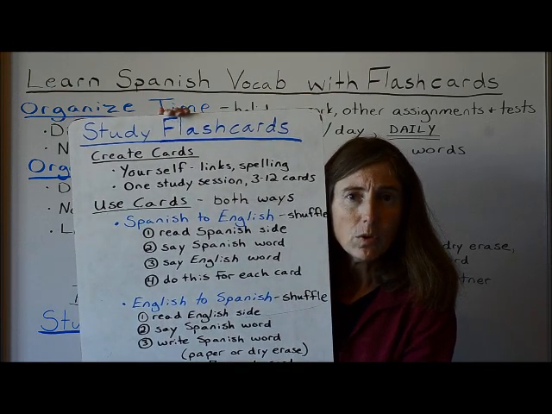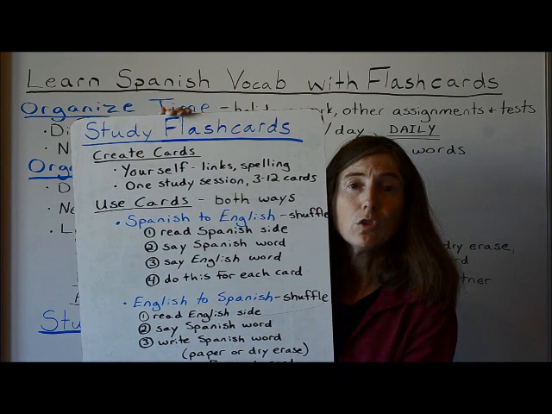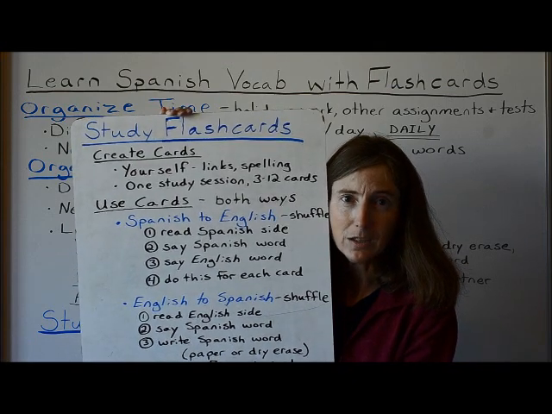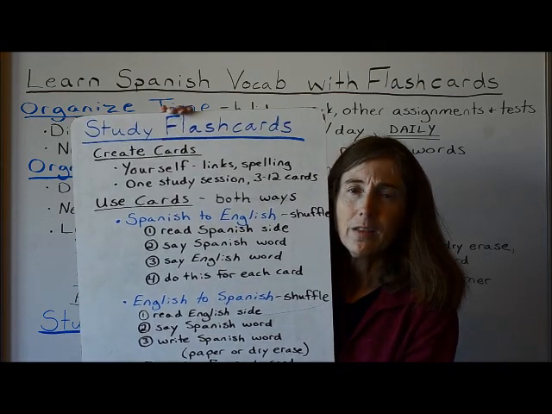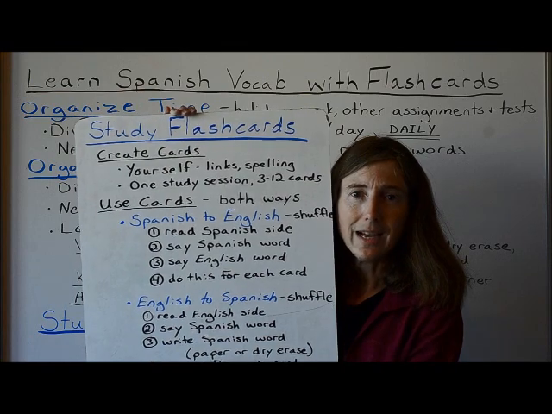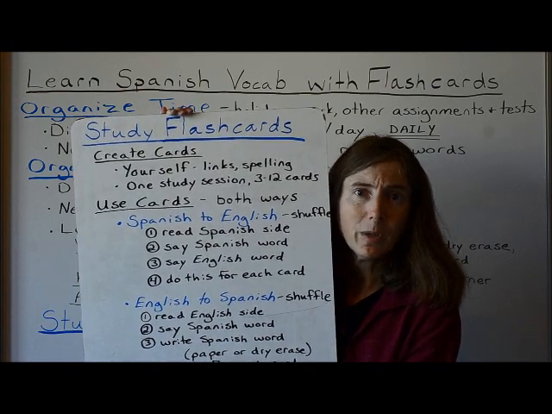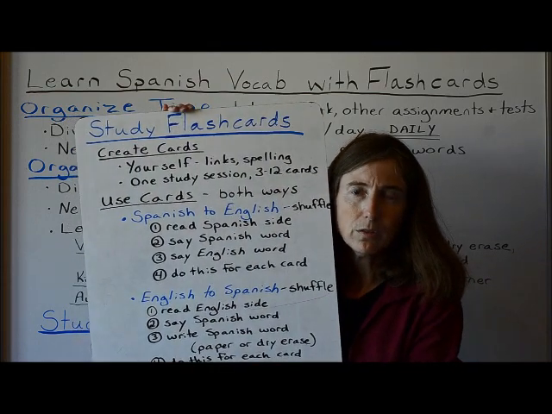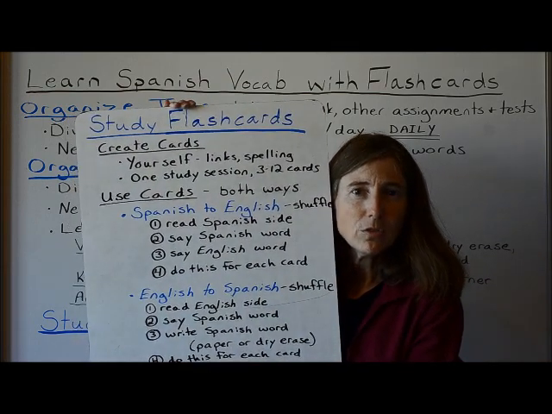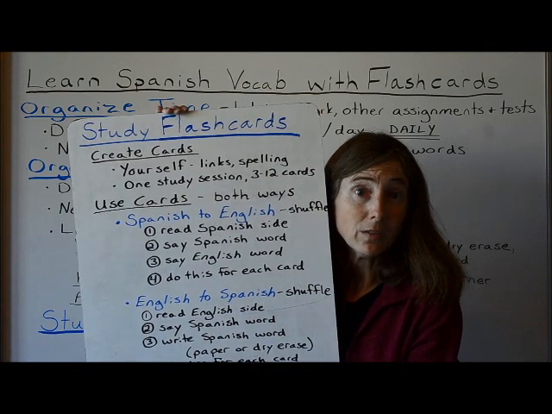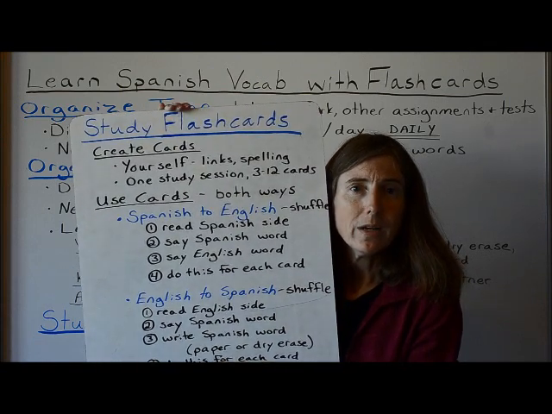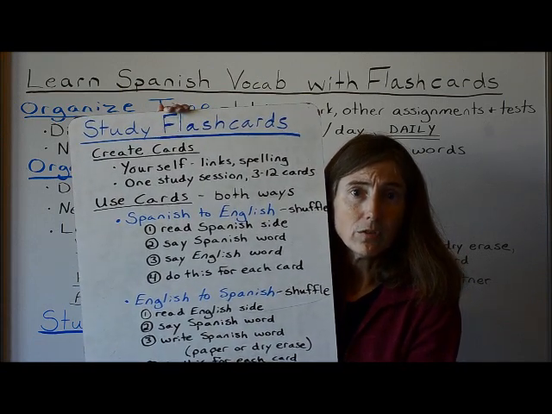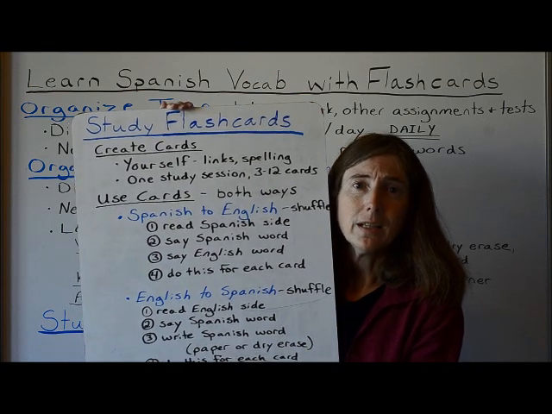So once you know the words from Spanish to English, looking at the Spanish and saying the English, then you're going to study the stack from English to Spanish. And a lot of people find this to be the most difficult thing to do. And because you're probably going to need to know how to spell these words, you'll want to have something to write on also when you're studying from English to Spanish.